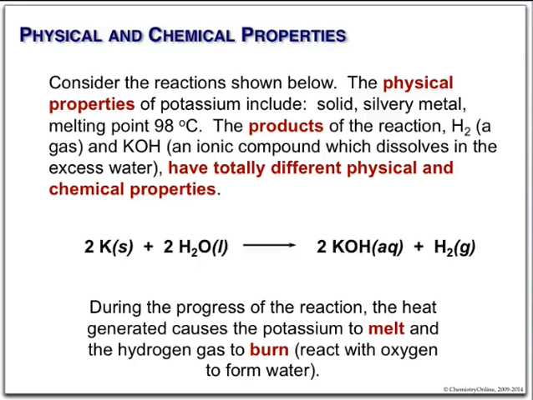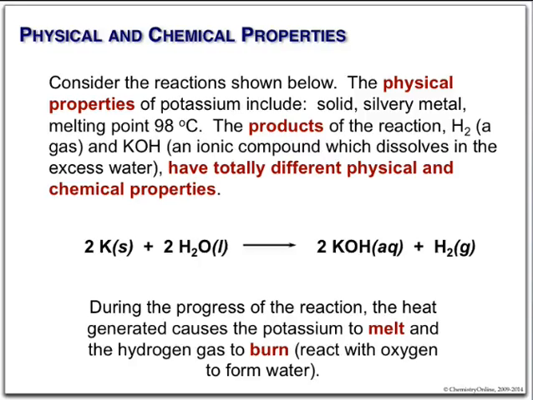Reactants and products. Now, let me point out a couple things here. We have an S, an L, an AQ, and a G. S stands for solid. That means we're starting here with solid potassium. Water is a liquid.